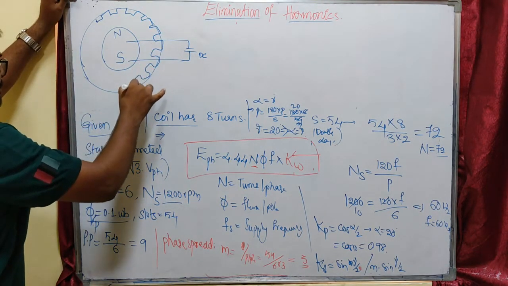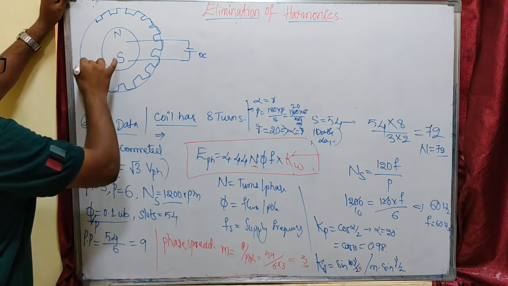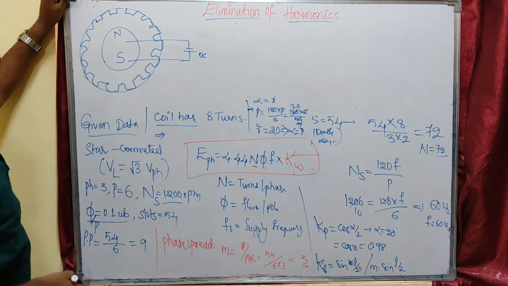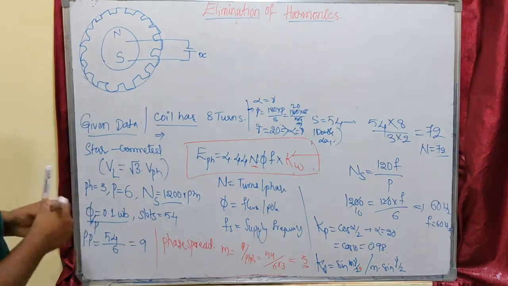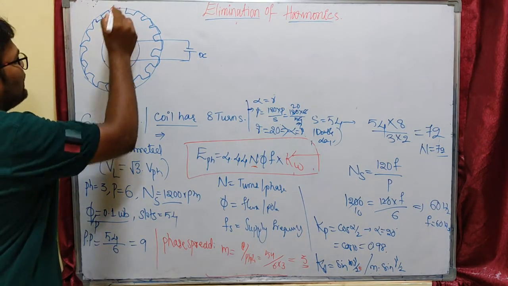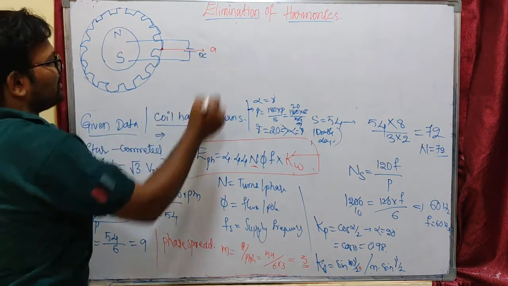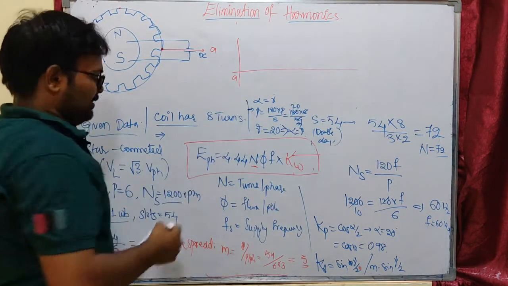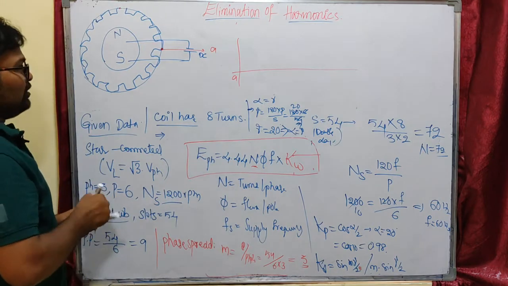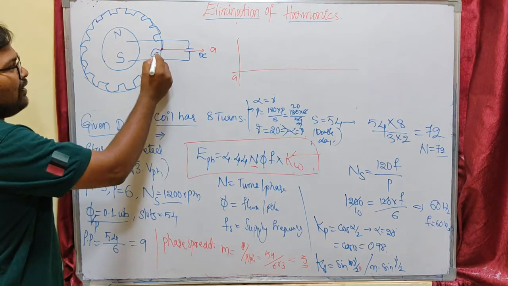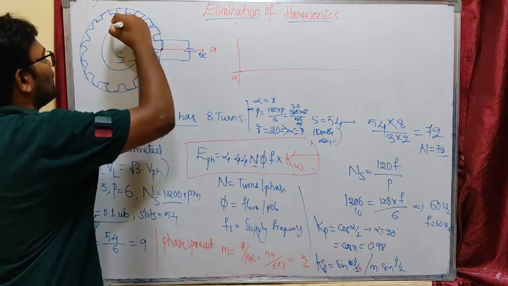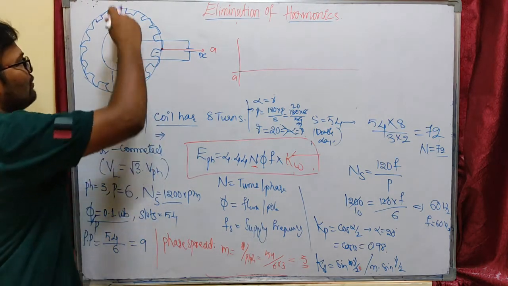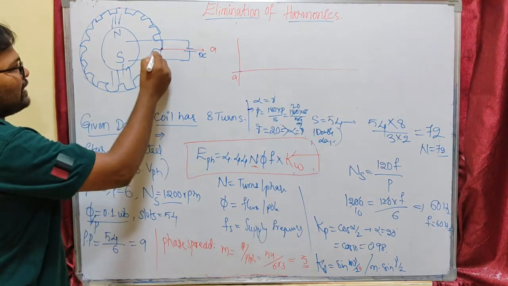Here I am considering this point A. At point A, the magnetic field experienced by this slot is 0, because the magnetic field is in this direction, perpendicular, and it is not cutting any conductor here.